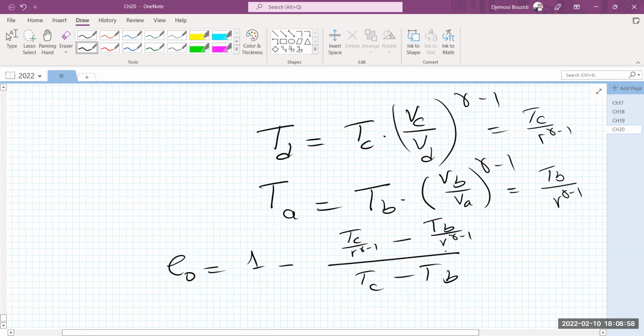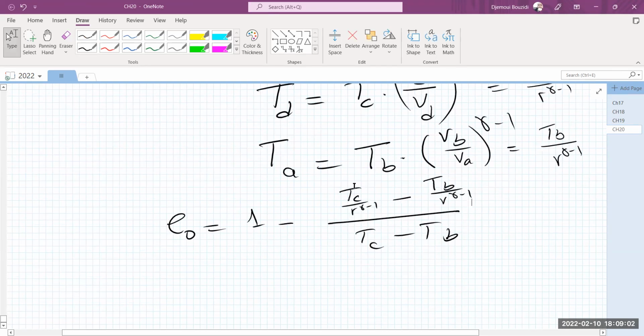R to the power gamma minus 1 is the same factor for both of them, so this comes out, and it will be left with TC minus TB over TC minus TB. So everything will be simplified, and you will end up with 1 minus 1 over R to the power gamma minus 1. So this is the efficiency of this engine.